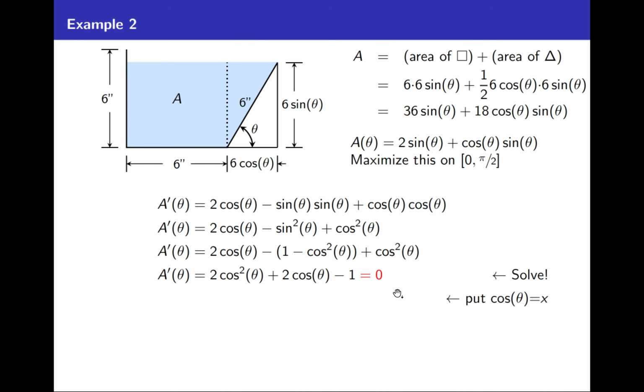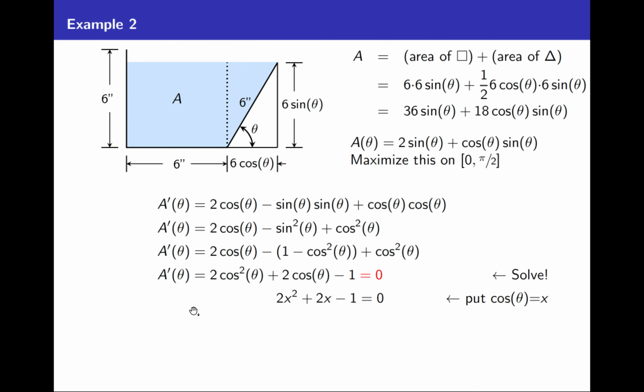That's a quadratic, and we know how to solve quadratics. To make this a little bit simpler, let's write cosine theta as x. So for the rest of this problem, wherever we see a cosine theta, we'll write that as an x, but we're going to remember that x stands for cosine theta.